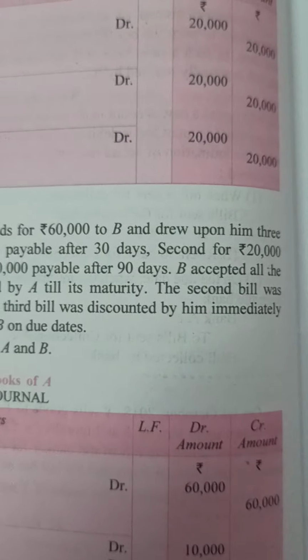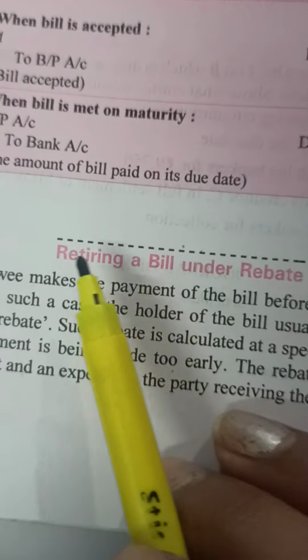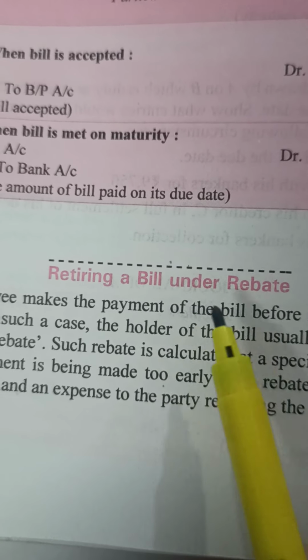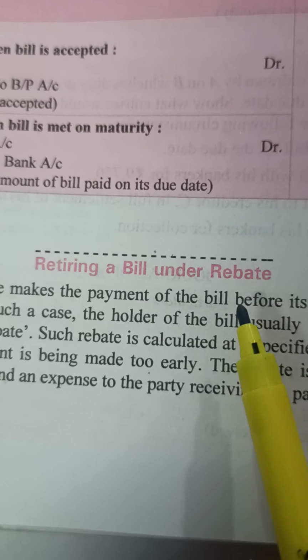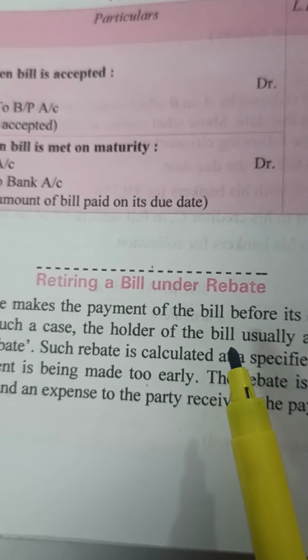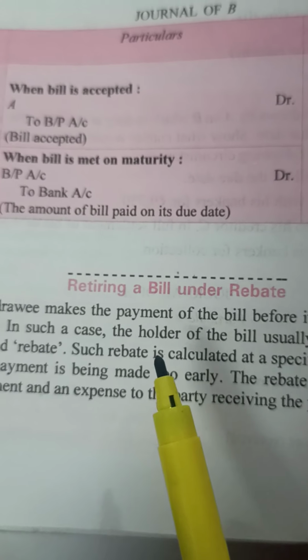Next, after this, retiring the bill under rebate. We had discussed rebate is a concession that is given by the drawer to the drawee, or by the maker of the bill to the acceptor of the bill, for the payment being received a little early.